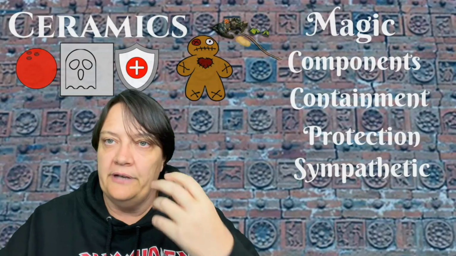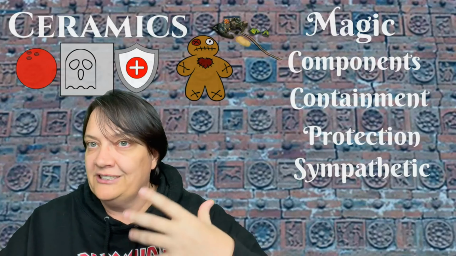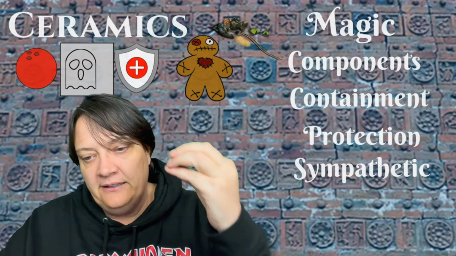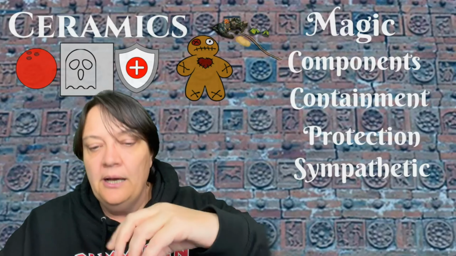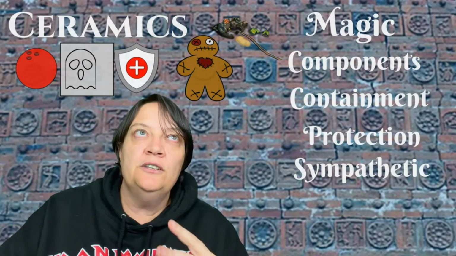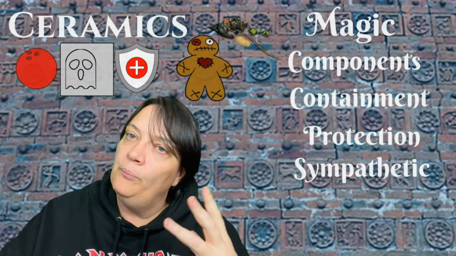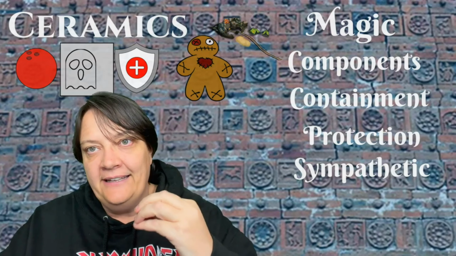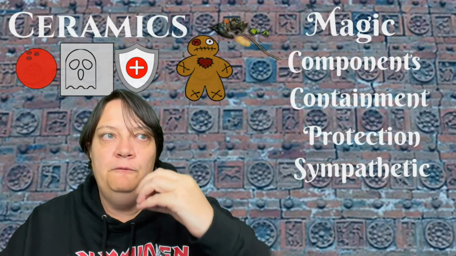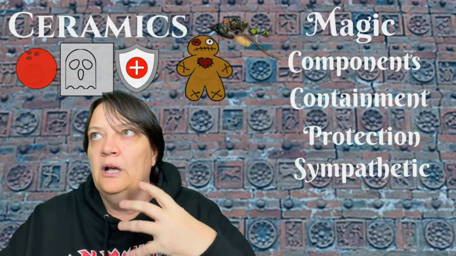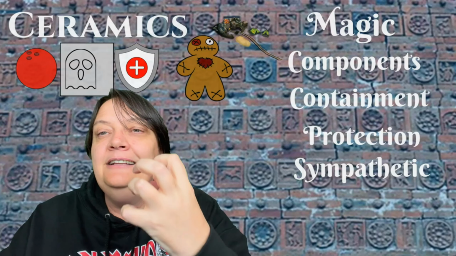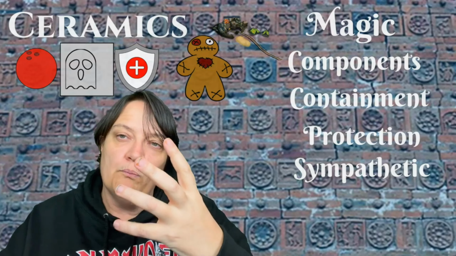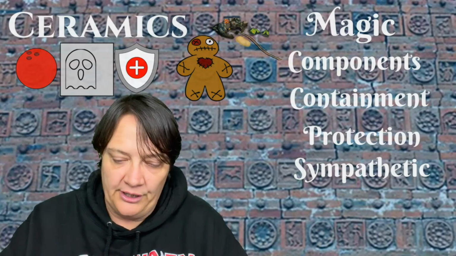So you could make it of an animal, of the world, even of a city, and then affect that piece of clay. And this works especially well if you then combine it with components. So you have to go gather the clay that is somehow infused with the essential identity of the thing that you are modeling in sympathetic magic.